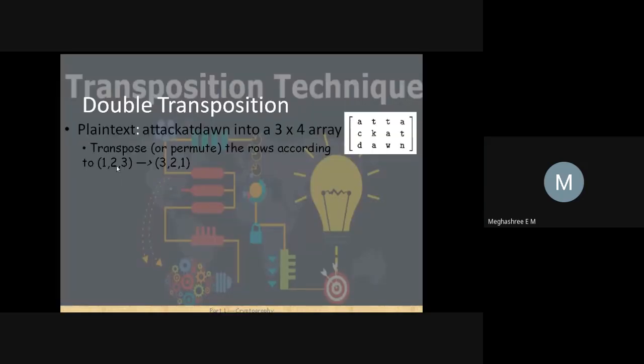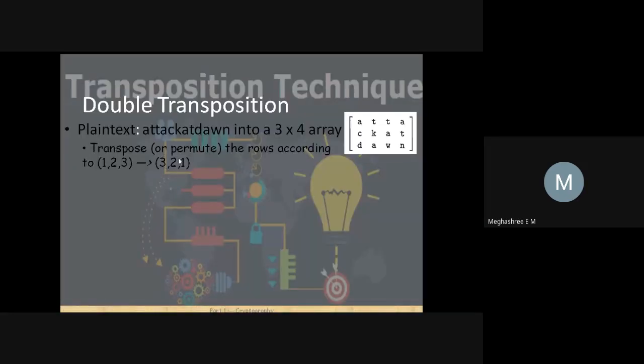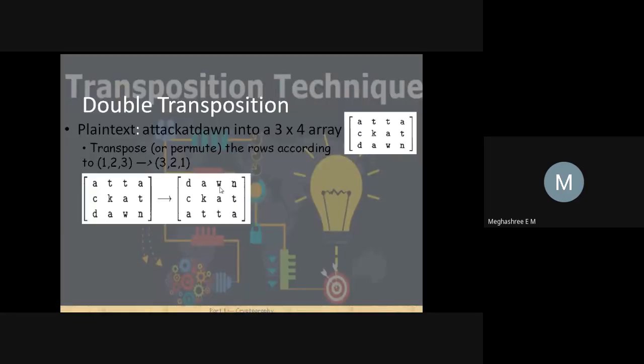Okay, what is the row transposition followed here? Whatever is written in the first row, second row, third row should be transposed to third row, second row, and first row. They should be transposed according to the given specified permutation. After transposing, let's see how the matrix will be written. So for the plain text, I have written the matrix and considered it here.